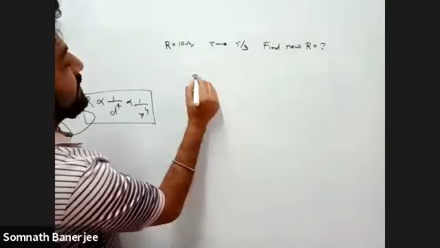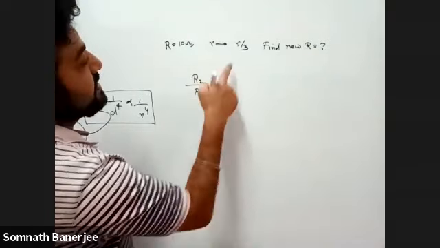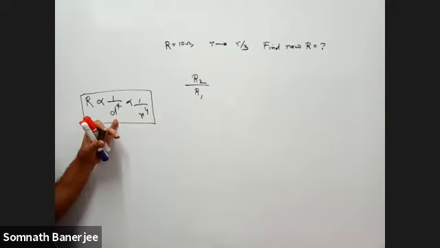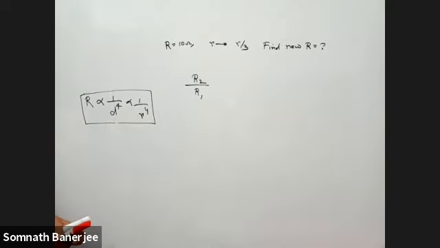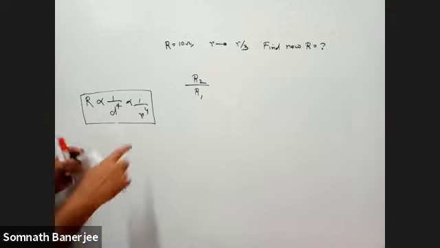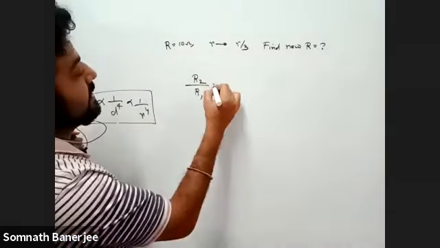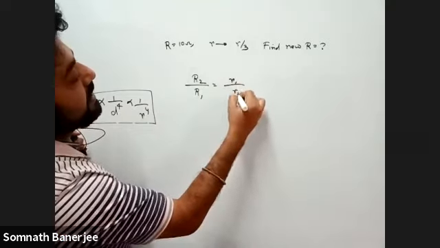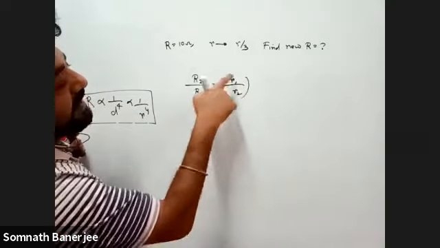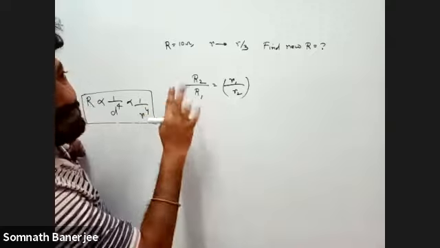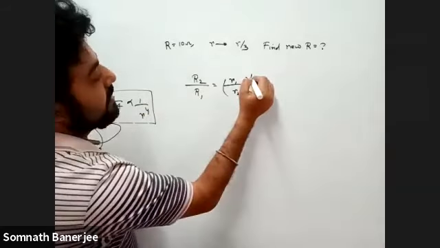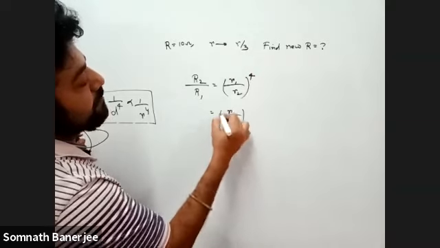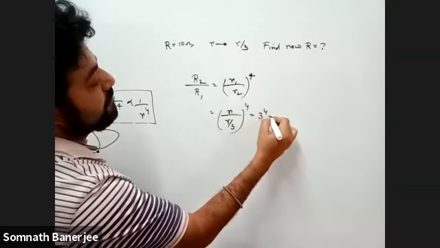Very simple. What can we write? R2 by R1. See here it is mentioned radius. If they mention radius, then also if they mention diameter, it works, because the 2 cancels out. So R2 by R1 is inversely proportional, so r1 by r2, just reverse, and the power is 4. So we write (r by r by 3) to the power 4, that is 3 to the power 4.